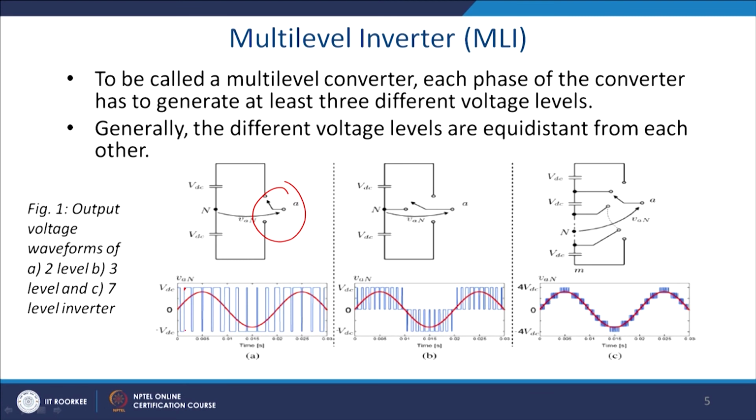So, voltage will swing from plus VDC to minus VDC. Thus, you can see here the huge instantaneous voltage error. This is actually a 3-level inverter, a multilevel inverter, where voltage is switching over 0 to plus VDC.